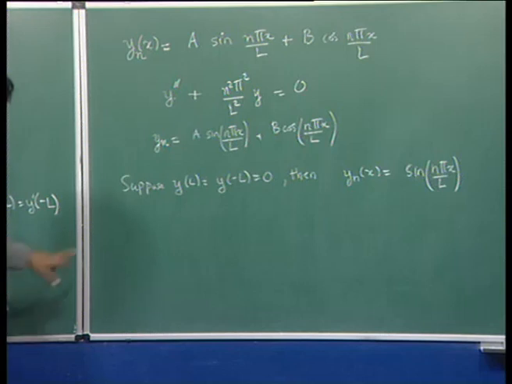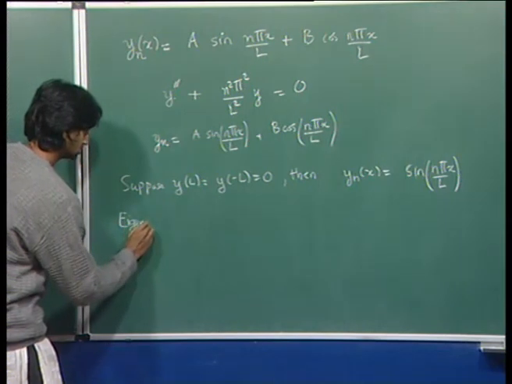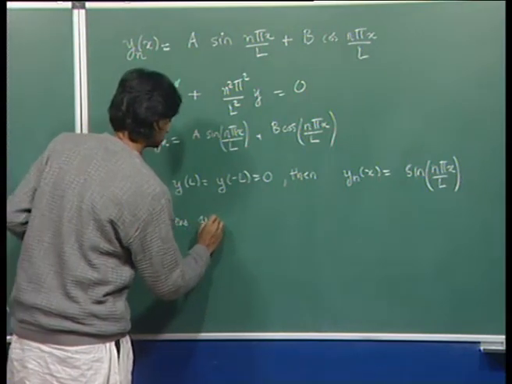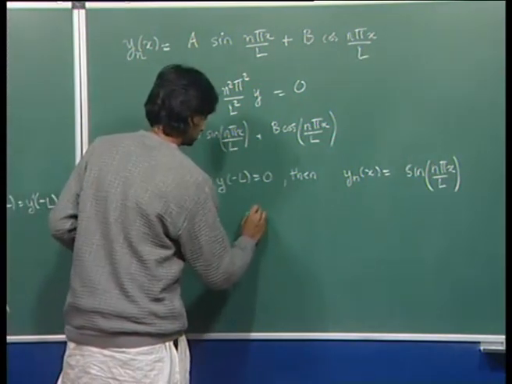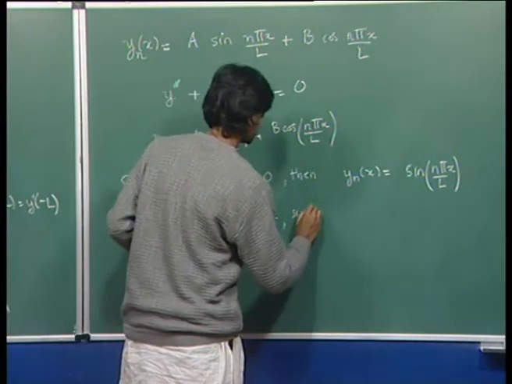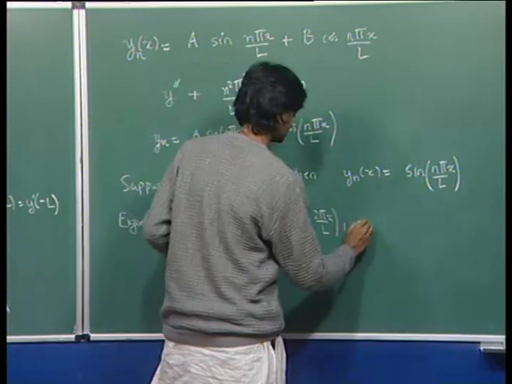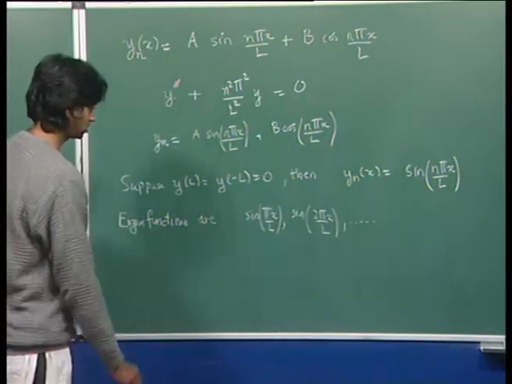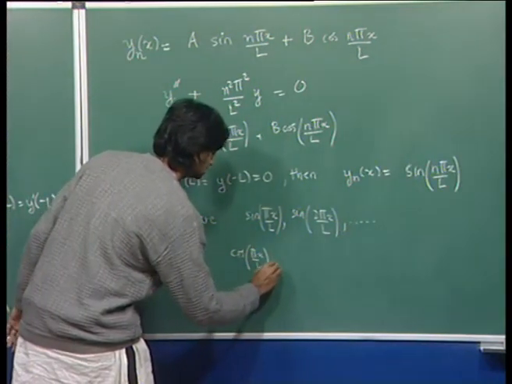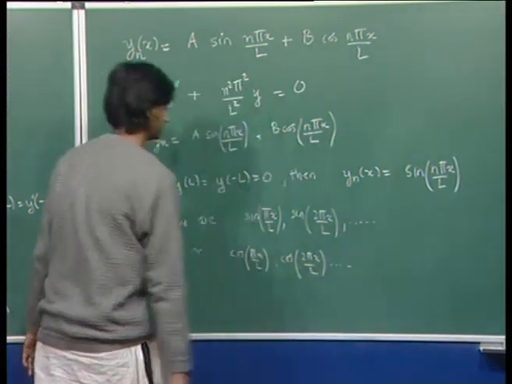Now, so then the eigenfunctions are sin pi x by L, sin 2 pi x by L, and so on, or cosine of pi x by L and so on.